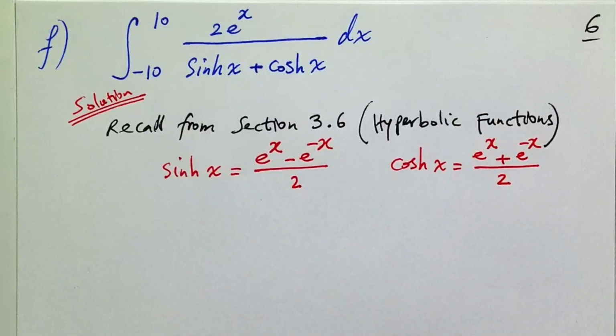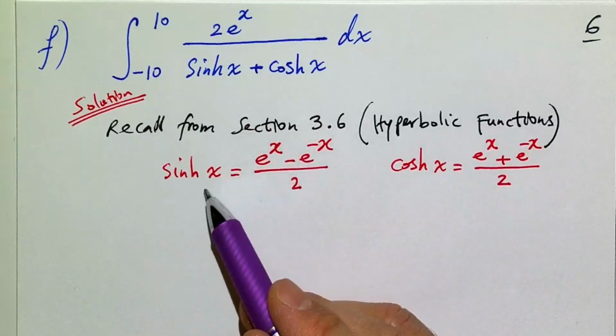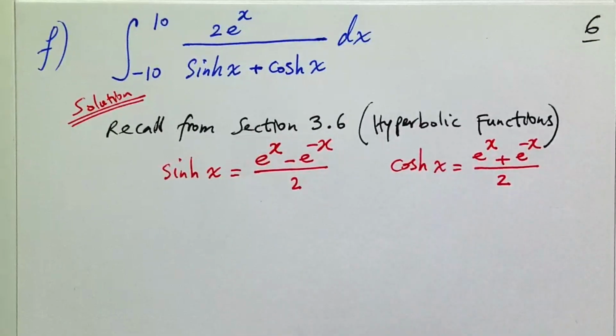These are very interesting equations for hyperbolic sine and cosine in terms of the natural exponential function. If you ever take the course called complex analysis, which is a very interesting senior level math course, you'll be dealing with these two forms of the hyperbolic sine and hyperbolic cosine for the whole semester.